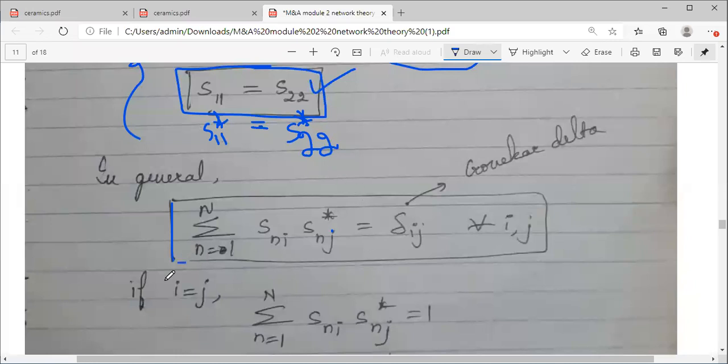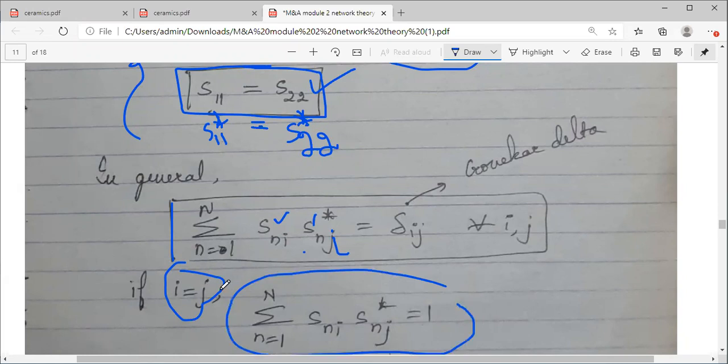So what will happen if i is equal to j? This will become Sni star. So own conjugate, a row or a column with its own conjugate. So this will become your unitary property. When the condition is i equal to j, then this equation turns to RHS equals 1. This Kronecker delta will be equal to 1. i is equal to j.